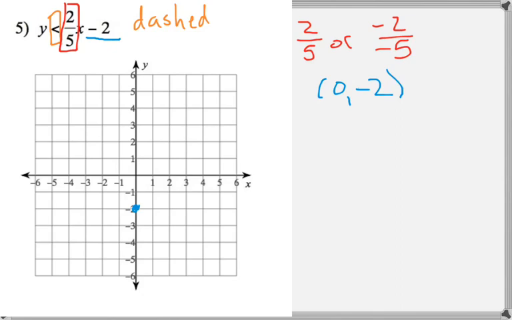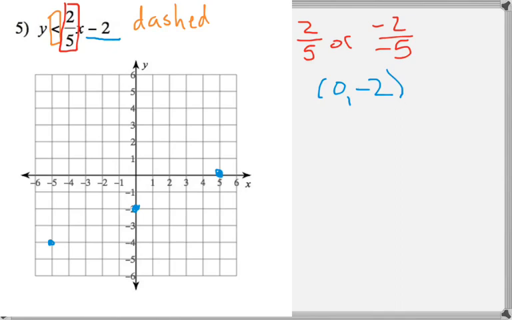Use our slope, go up 2 and over to the right 5. If I go up 2 again, I don't have enough to go over another 5. So I'm going to go back to the y-intercept and this time go down 2 and to the left 5. So now I have all the points and it's time to just draw our line.